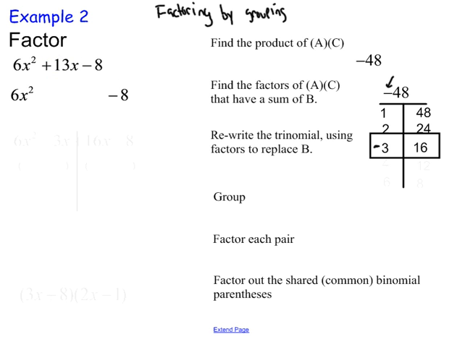And I want to replace that by using the factors that I found here. So I'm going to replace 13x with negative 3x and plus 16x. And it has to be x and x because they have to add up to positive 13x. So you need those x's there, not just the factors.